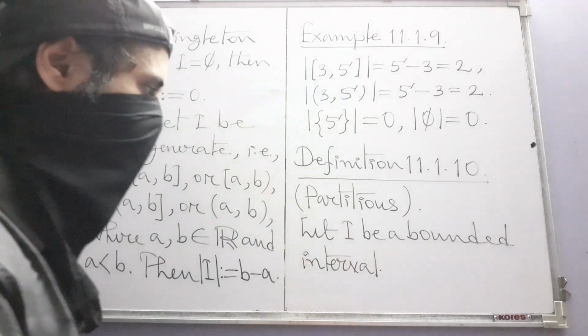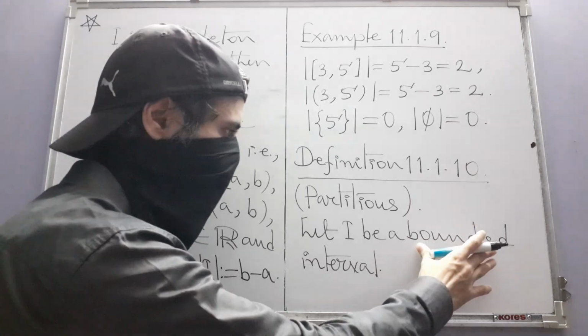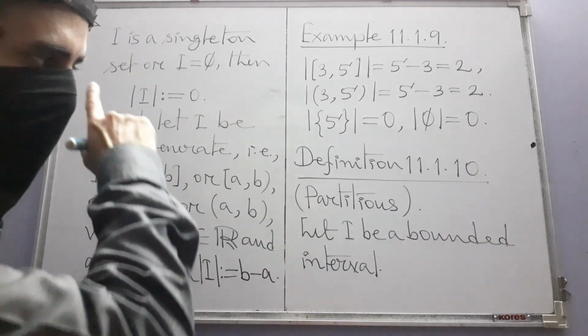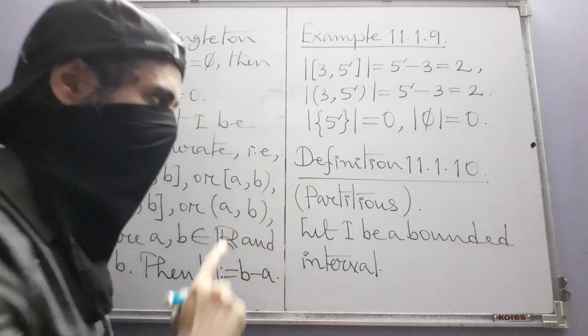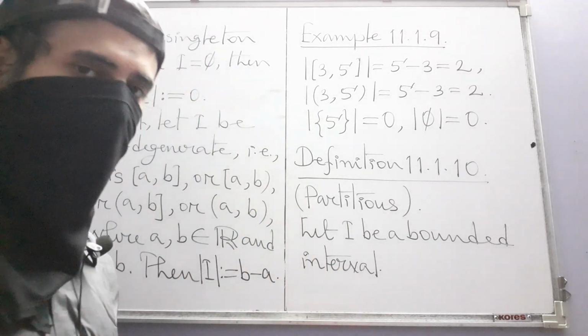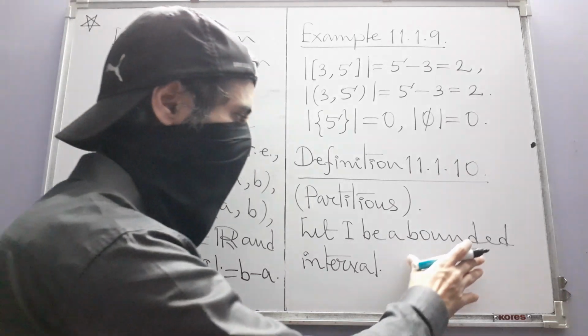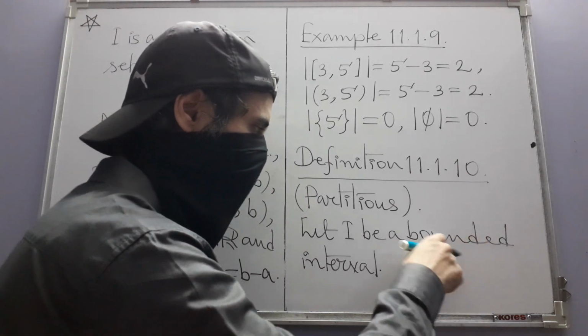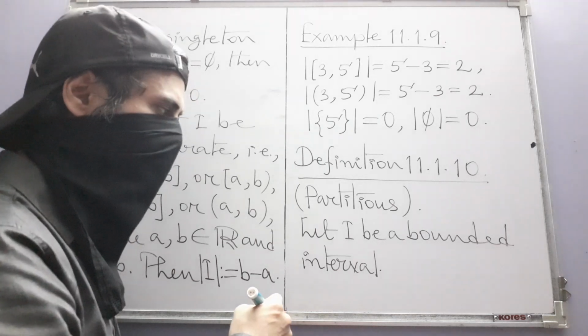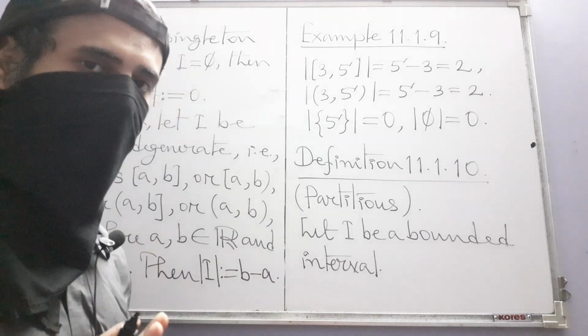Well, the author could have not written bounded intervals also, because in the beginning of this section we said that all intervals that we consider in this chapter are going to be bounded intervals. So there is in fact no real need to keep on writing bounded, but he for some reason decided to do that.